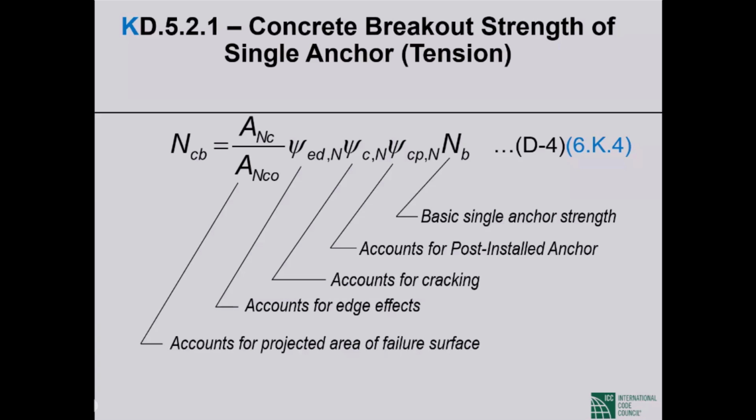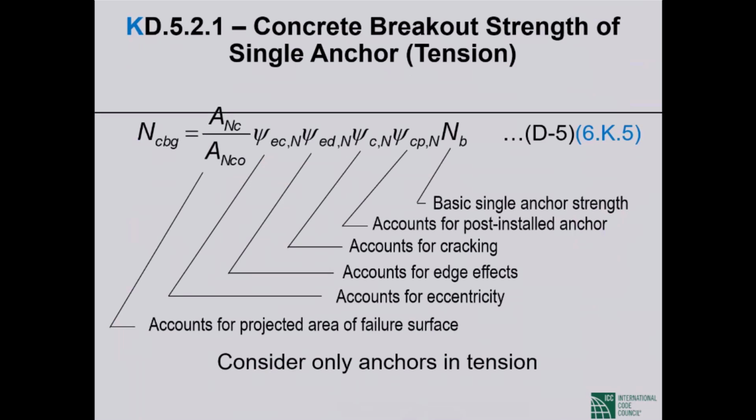Remember, the basic equation is for cracked concrete. Psi sub CP is a correction factor for post-install anchors. And N sub B is a basic single anchor breakout strength. So remember, we have a basic strength for a single anchor in tension, in this case breakout, and then a set of correction factors to account for various things.